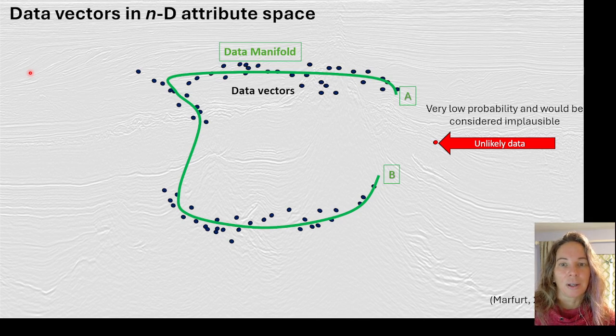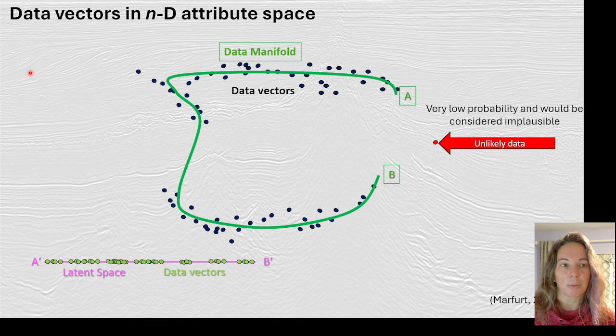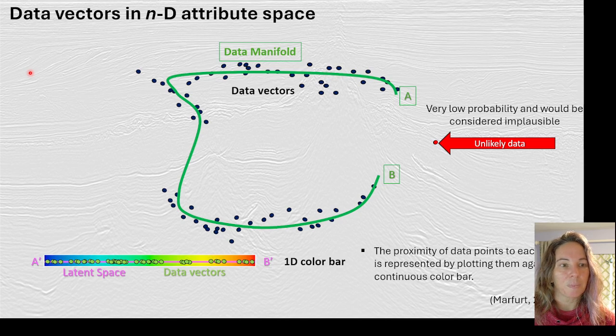So we will take the data vectors and try to fit them to this data manifold and then unravel it in latent space and apply a 1D color bar to it. That's what I'm trying to show here with the data and then the linear latent space and the pink line on the bottom, and then applying the 1D color bar where we can see the proximity of different data points that are close to each other.